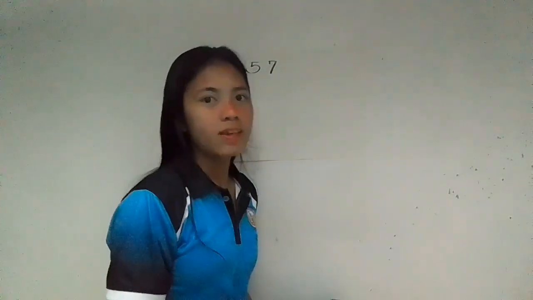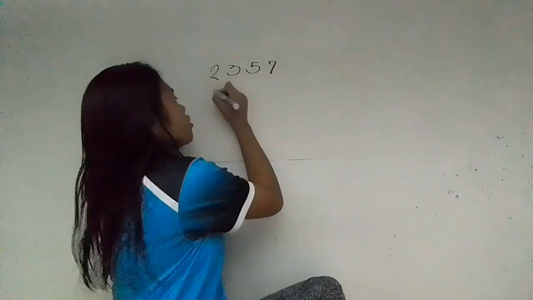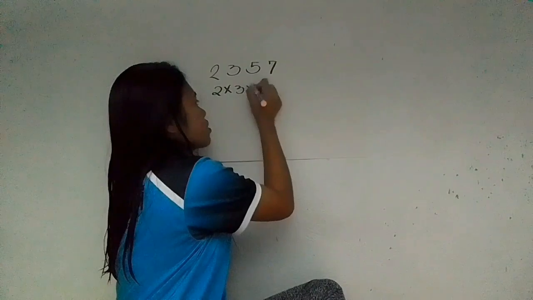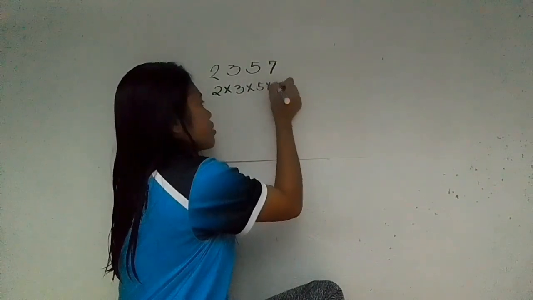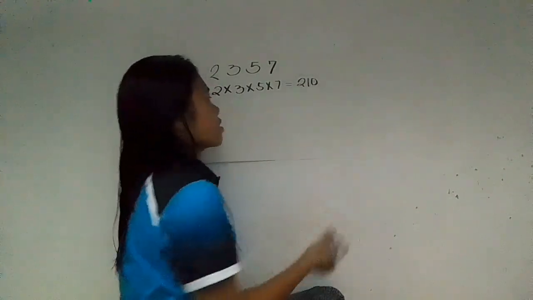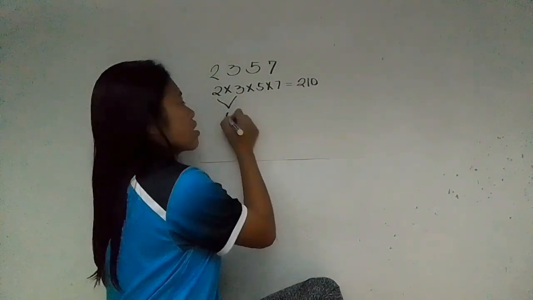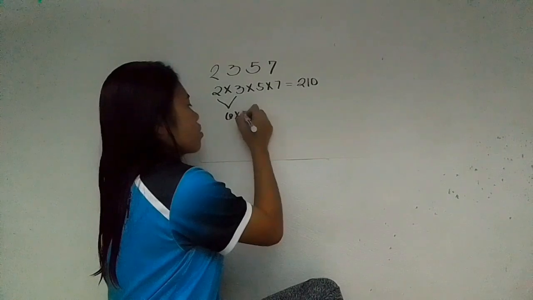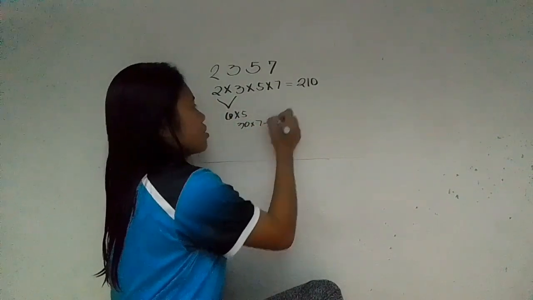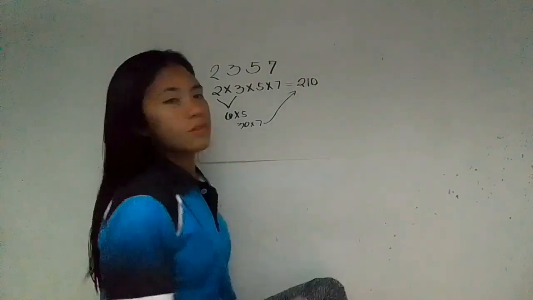And if you multiply them together, 2 times 3 times 5 times 7 equals 210. Since 2 times 3 is 6, 6 times 5 equals 30, and 30 times 7 equals 210.